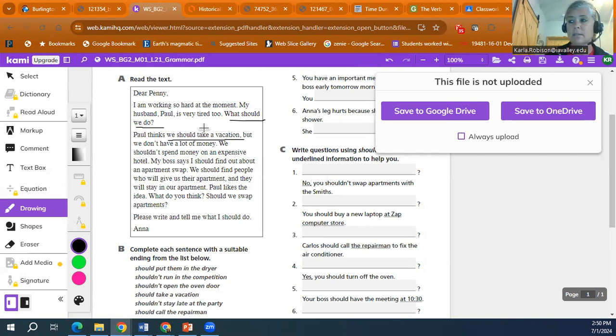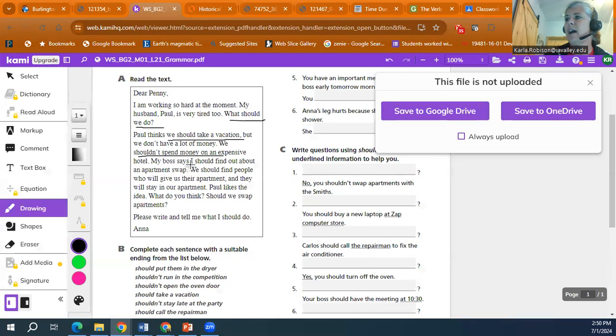We should take. We shouldn't spend money on an expensive hotel. Again, you have shouldn't, the negative part of should, and here's your base verb, spend. We shouldn't spend money on an expensive hotel.